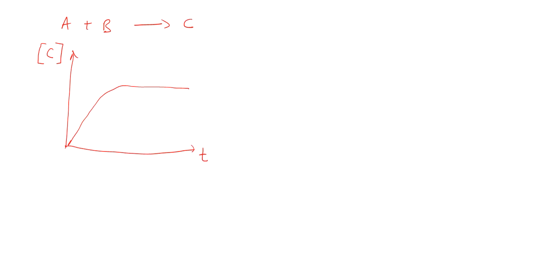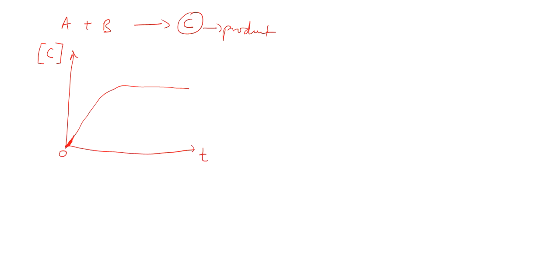So we are looking at the product here. Remember, C is your product, right? You need to be able to sketch a graph, and you also need to be able to explain the graph. So this is our origin here. Initially, when you mix A and B, they are at the highest concentration. Therefore, the rate at the start, at t equals 0, will be the greatest rate.